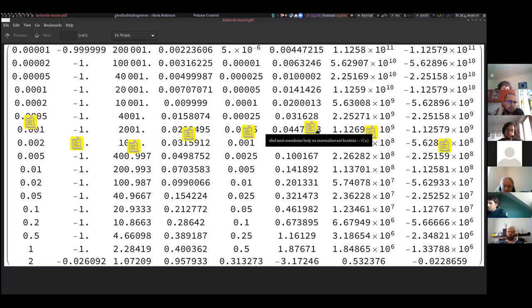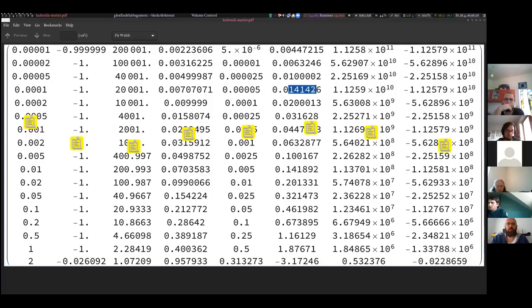So one nice example is this row, for instance. Nice. Here we have the epsilon equal to 10 to the minus 4. And here you can clearly see the usual decimal value square root of 2.